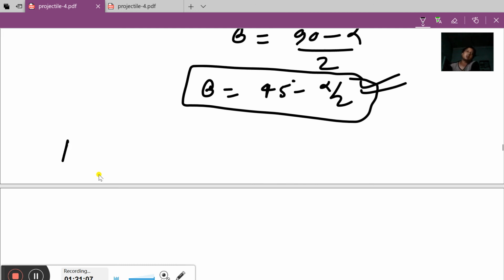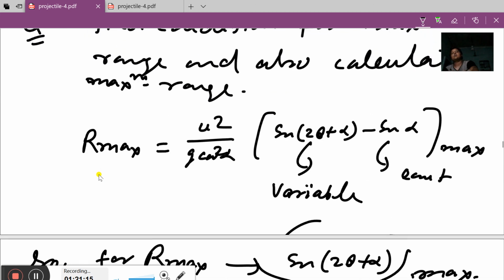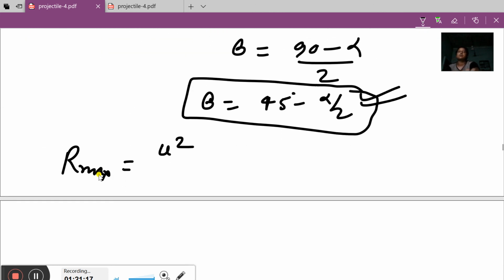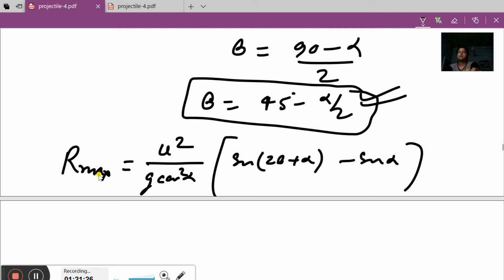What will be maximum range? R maxima is u square over g cos square alpha sin 2 theta plus alpha minus sin alpha.